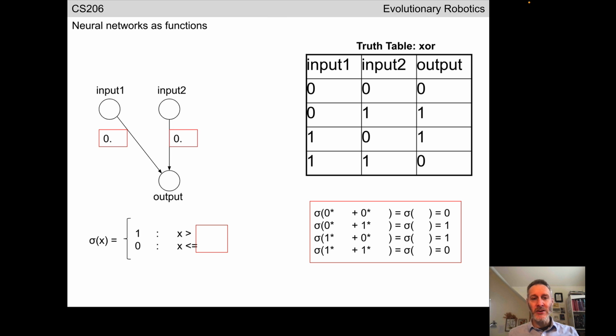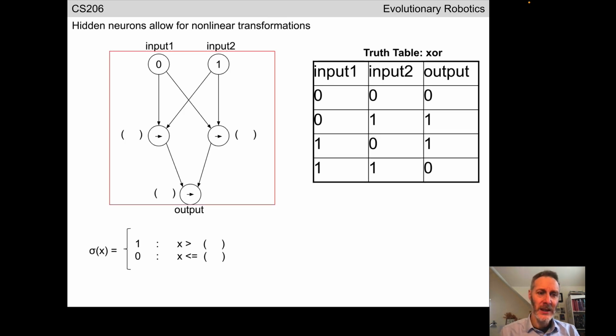And it turns out that there is no set of synaptic weights and a threshold for the threshold activation function associated with the output neuron that will actually encode the exclusive OR function. In order to create a neural network that can embody this particular way of transforming inputs into outputs, we need to change the cognitive architecture of our neural network.